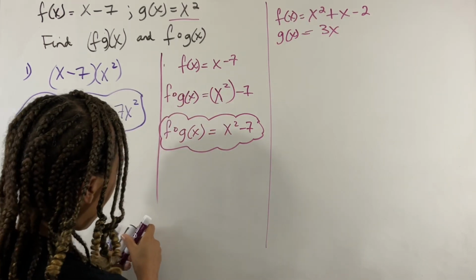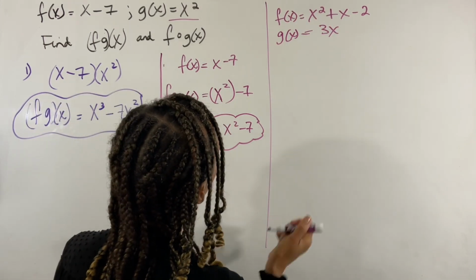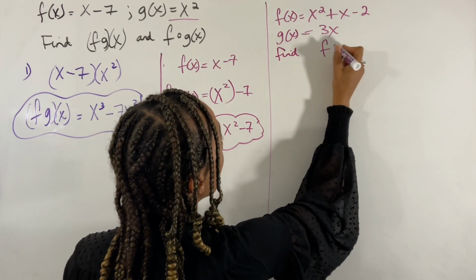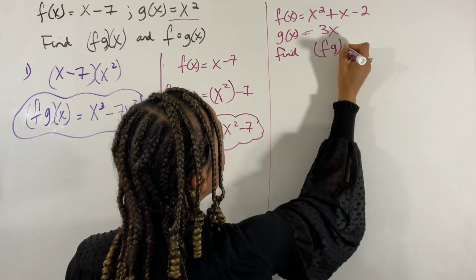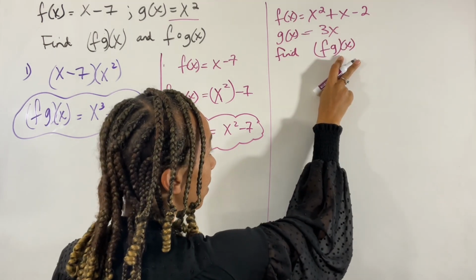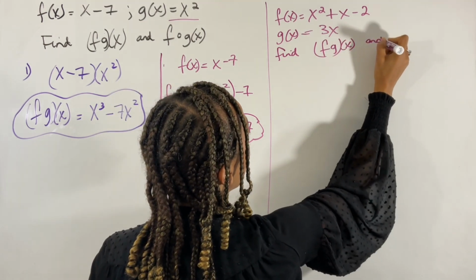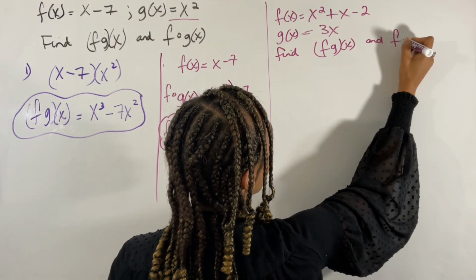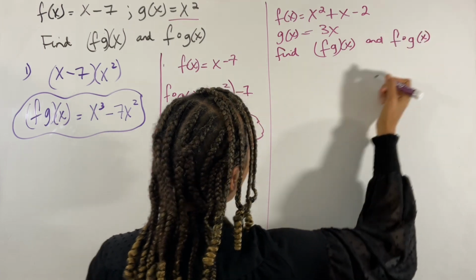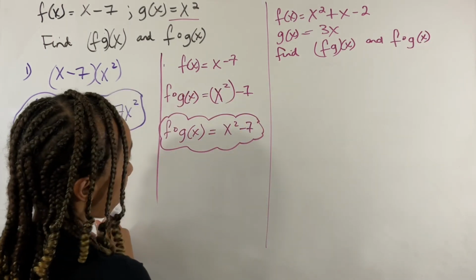And you're asked to find f g of x, meaning that you're going to find the multiplication, and you're also going to find the composition of f of g of x. So let's get right into it.